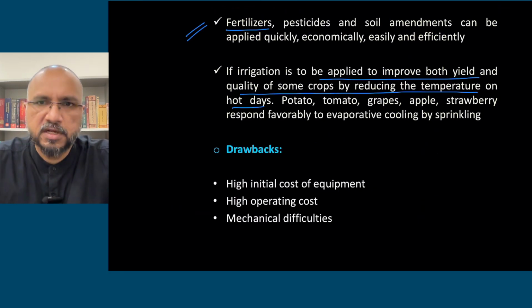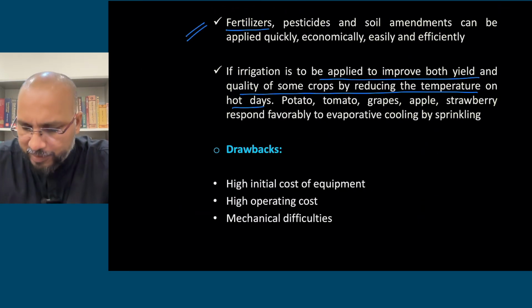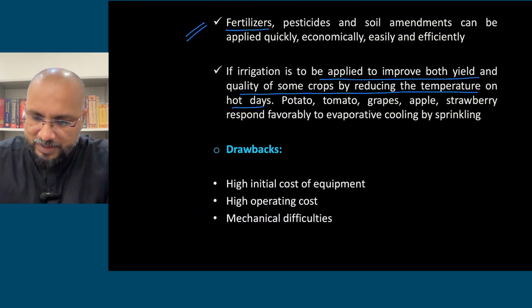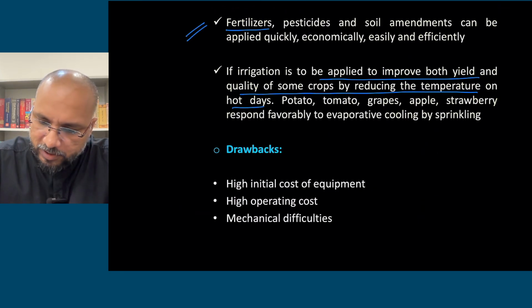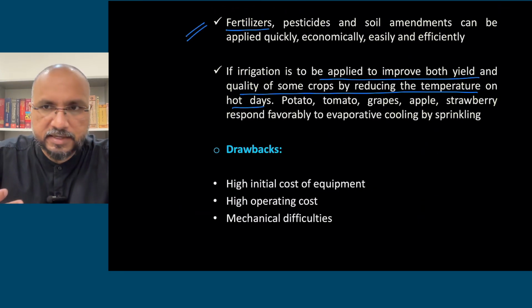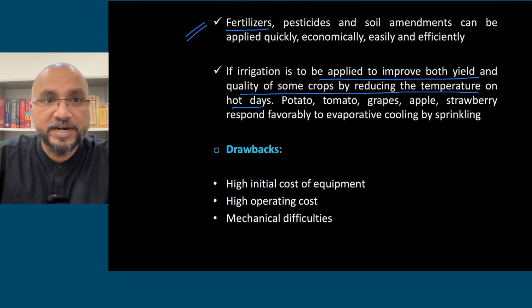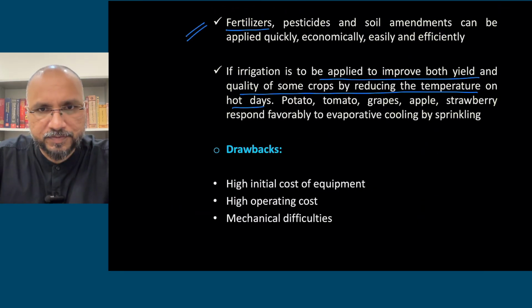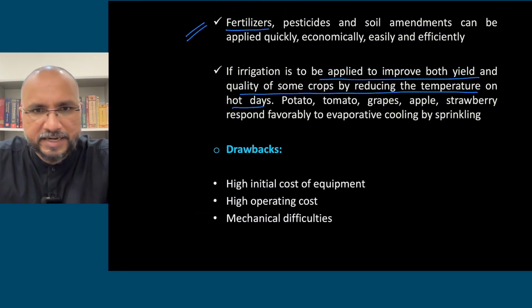In other crops where there is chilling injury, especially in winters, you can also increase the temperature to 1 to 2 degrees. India में इतना problem है नहीं, so European countries में ये chilling injury का problem होता है. Okay, so these are the situations where sprinkler irrigation can be used. Now it also we have seen in several situations, they are counted as advantages. जो भी हमने देखा, there are also in a way advantages of using sprinkler irrigation system.